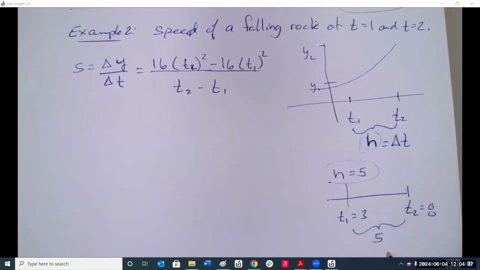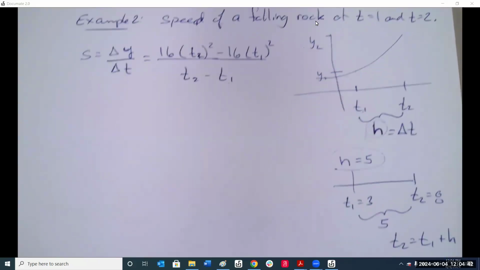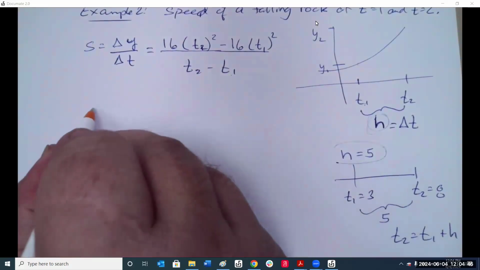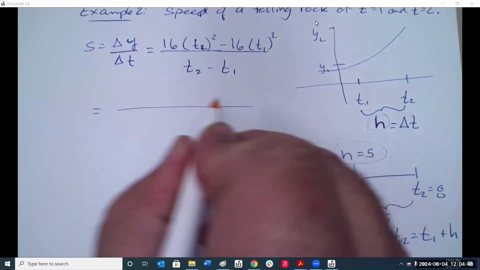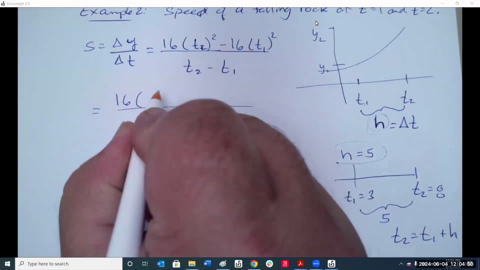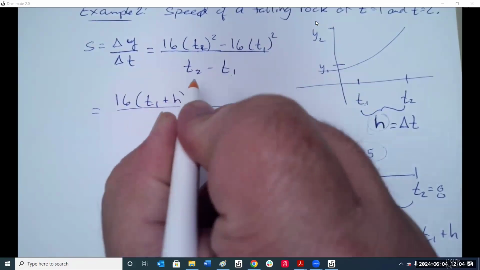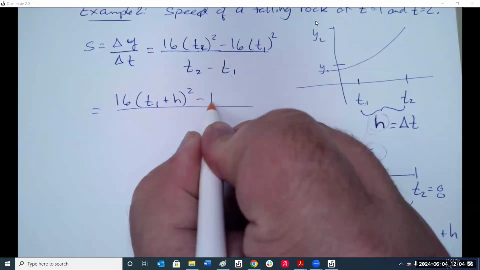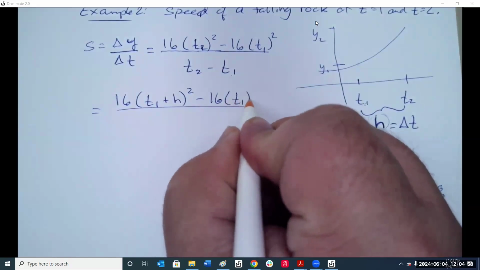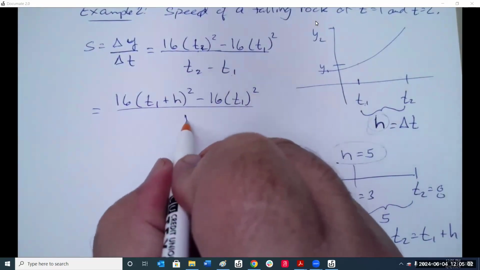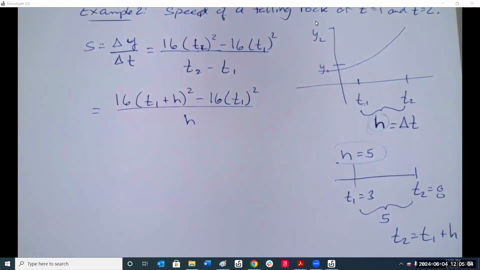You add it, yeah. So T2 is equal to T1 plus H. And T2 minus T1 is H itself.